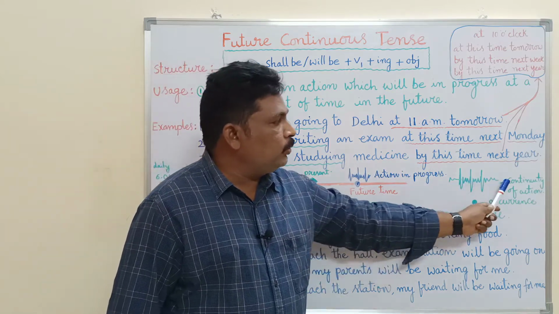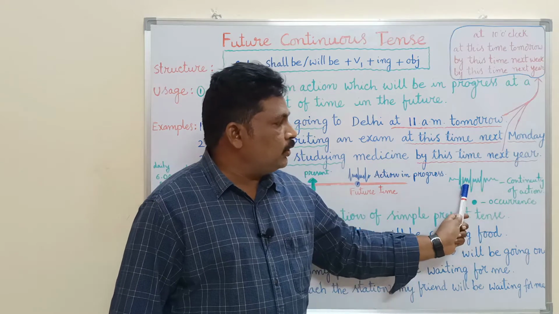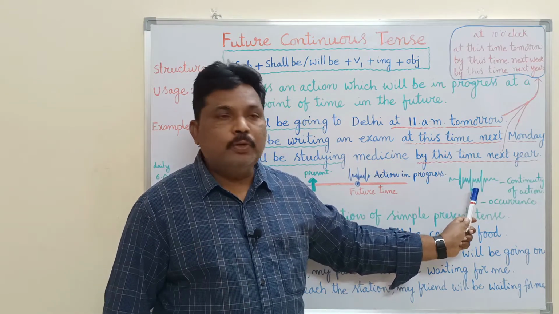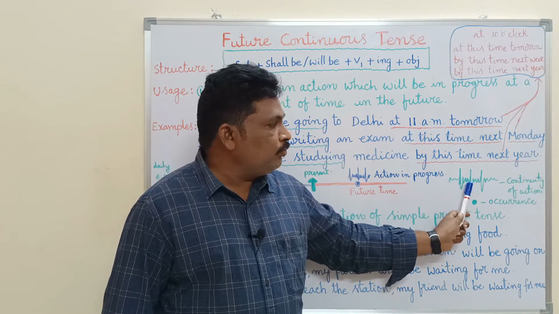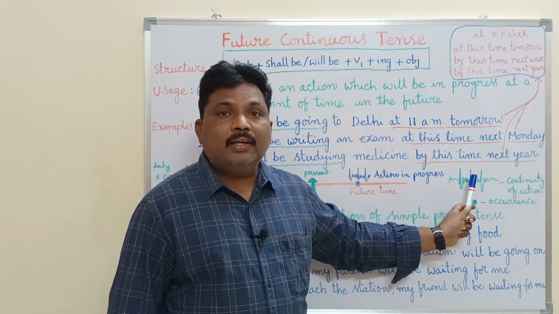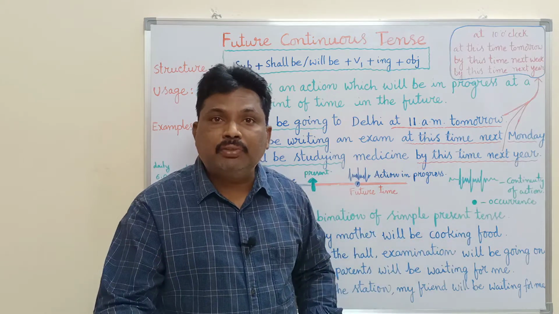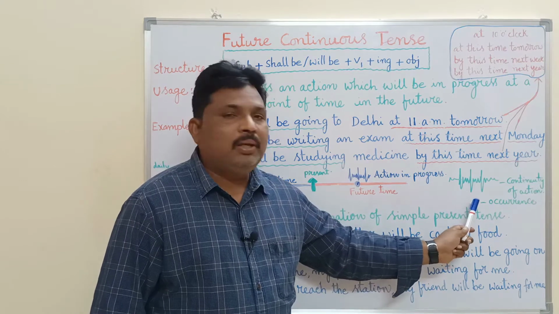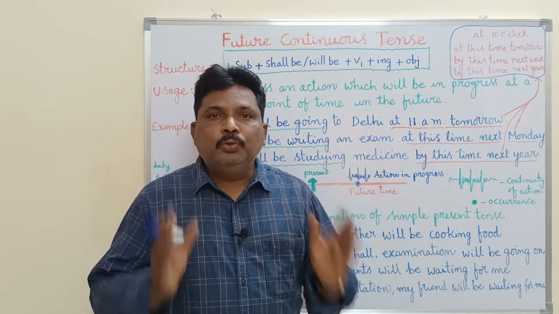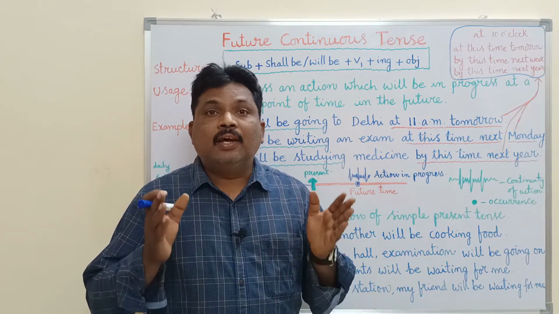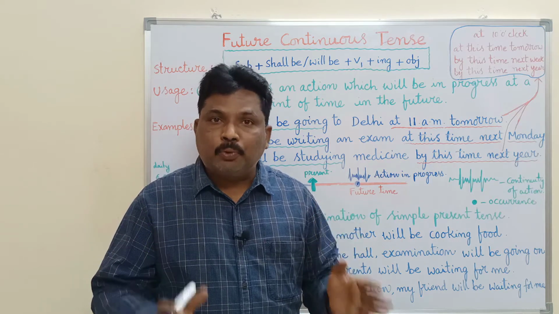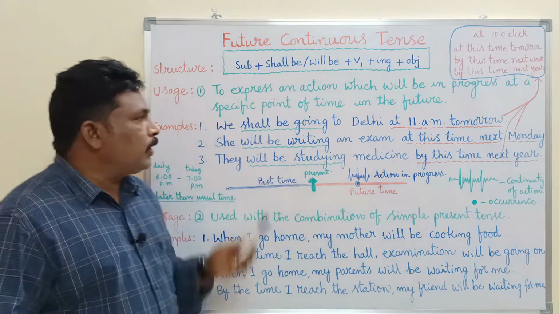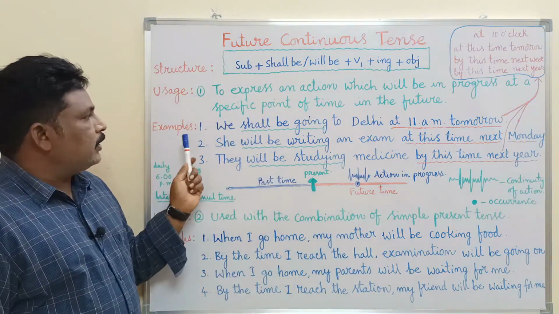Here I have mentioned the continuity of the action. This is the symbol I have shown even in the previous videos. Whenever you find this symbol, it is the indication of the continuity of the action. If it is the occurrence of the action, this symbol is used. So you can understand that this is an action which will be in progress at a specific point of time in future. Look at the examples.